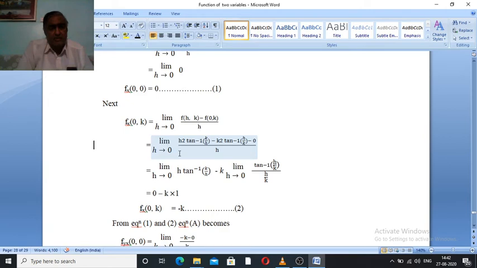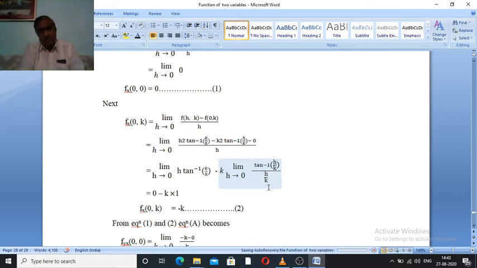So limit h tends to 0 of h² upon h, here only h tan⁻¹(k/h), h's get cancelled, minus k² upon h, and tan⁻¹(h/k), here k times k is k².